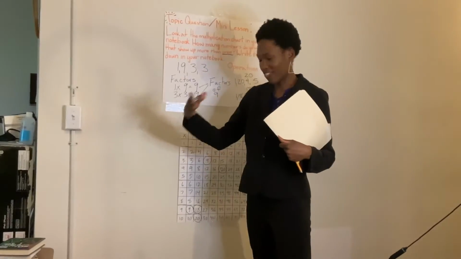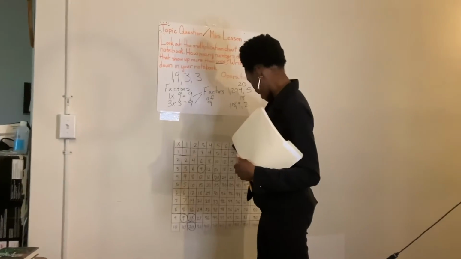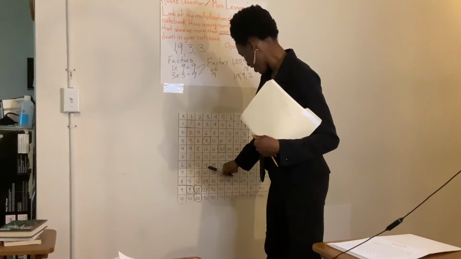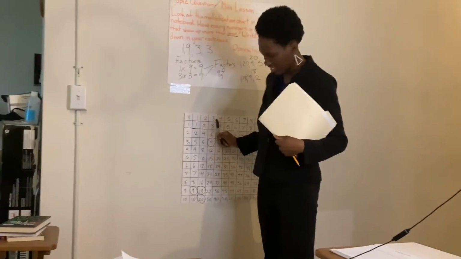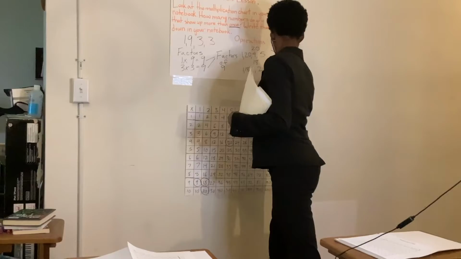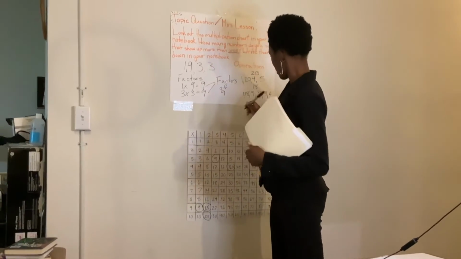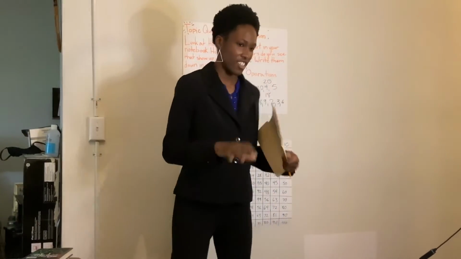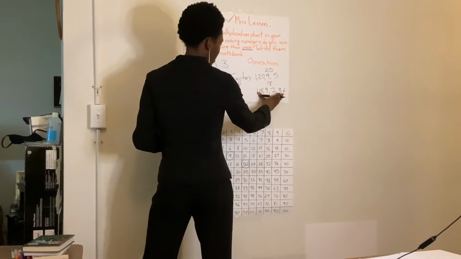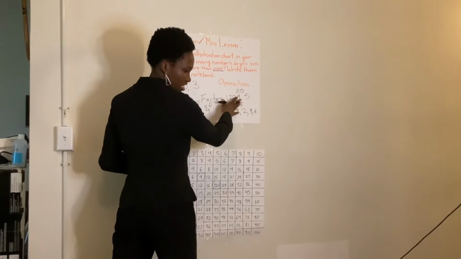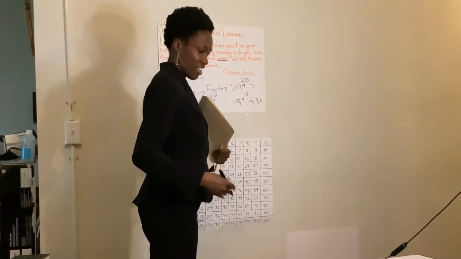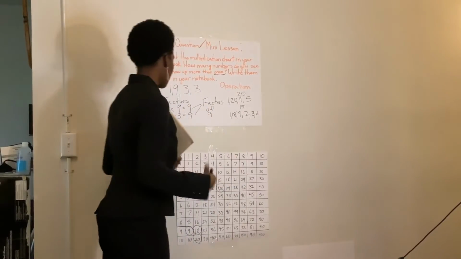So that's also a factor. And I think there is one more too. I'm double checking. Oh, yep. We have 3 and 6. So 3 times 6. I say all this because these are all factors of numbers. And we're going to be seeing these numbers and learning about these groups as we go by.